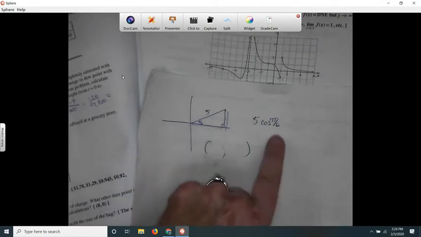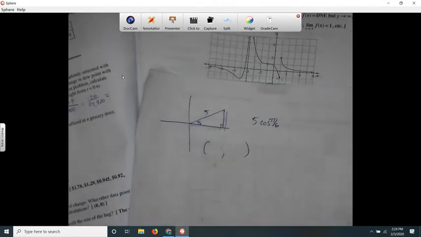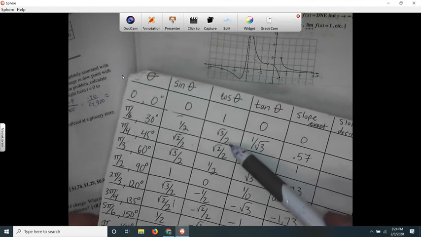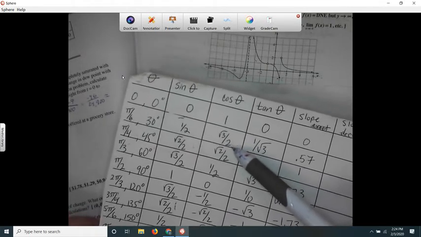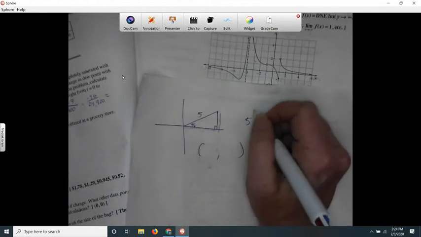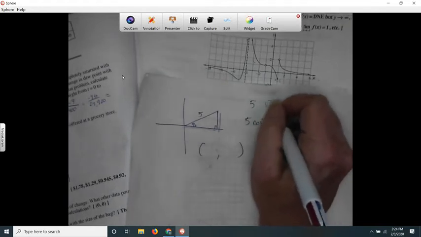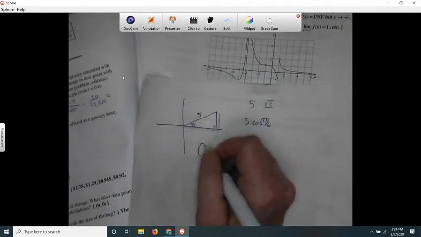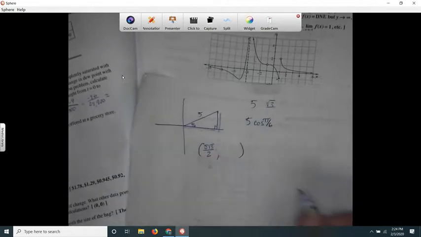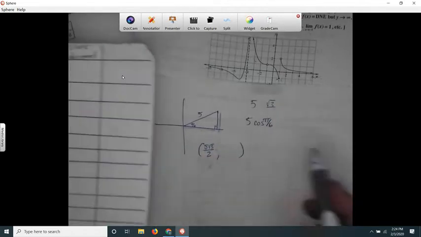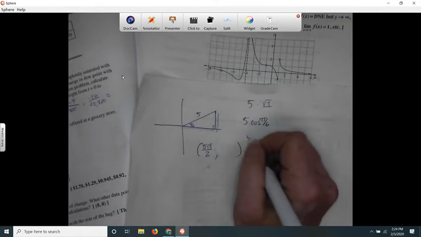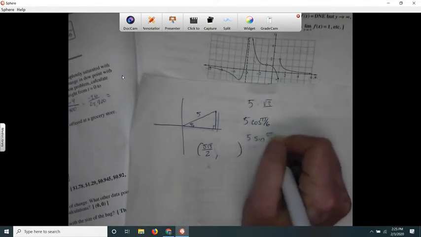It'd be easier if I would just memorize what cosine of pi over 6 is, but a lot of people do make you memorize them. Cosine of pi over 6 is actually root 3 over 2. So this is 5 times root 3 over 2, 5 root 3 over 2. And then this one's going to be 5 times sine of pi over 6.